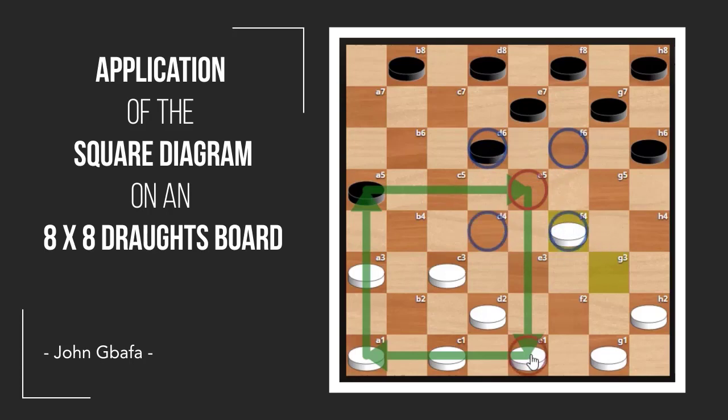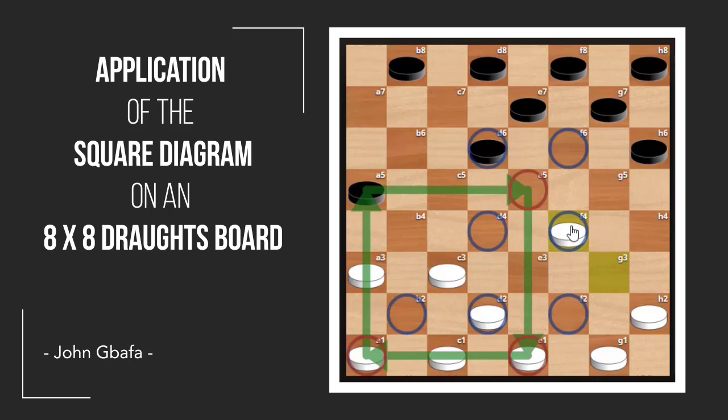If you come to e1, we have d2, f2 surrounding it, and for a1 we have b2. If you look at all the vertices here, we have a piece at a1. When you come to e1, we have two squares, that is d2 and then f2. If you move to e5, we don't have any piece on square d4 and then f4. So that is why I moved to take this square here.